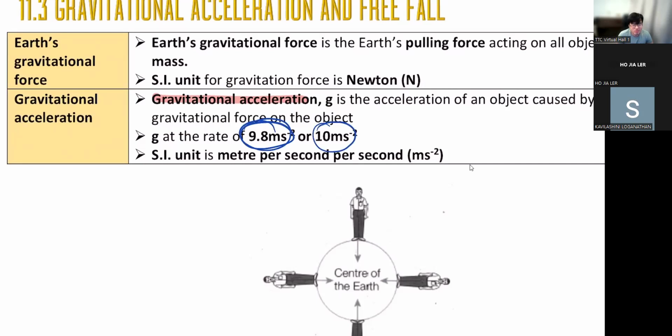Some books round it up to 10, but the accurate value is 9.8. That means no matter where you jump, you get 9.8. You jump in France, Germany, Thailand, Malaysia, wherever you jump, you experience the same acceleration, because you're on Earth, unless you jump on Mars. So wherever you are, you will experience 9.8.